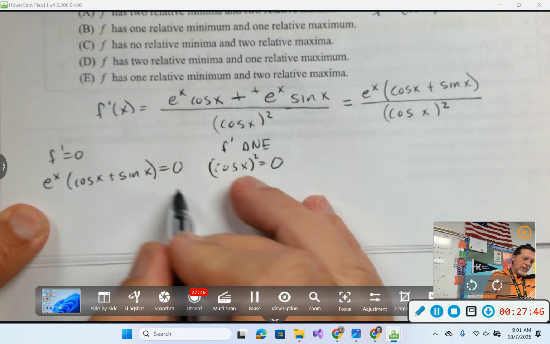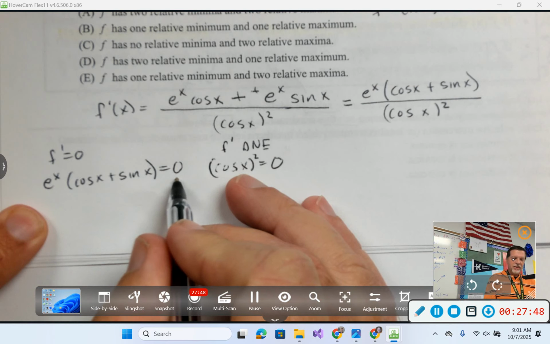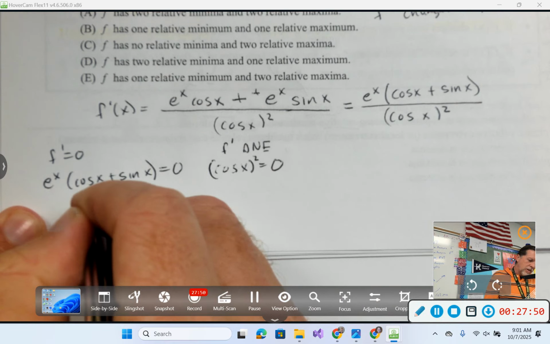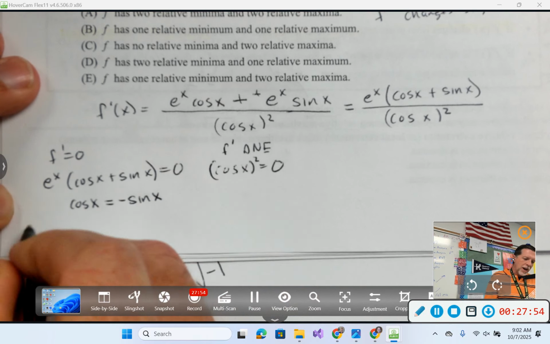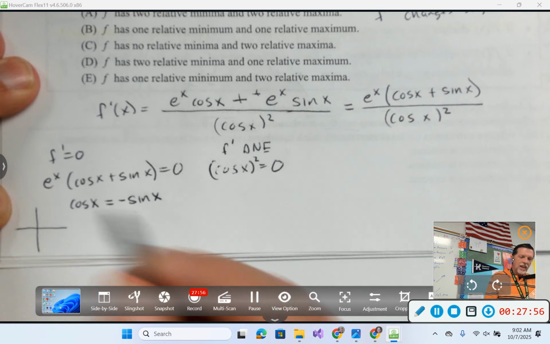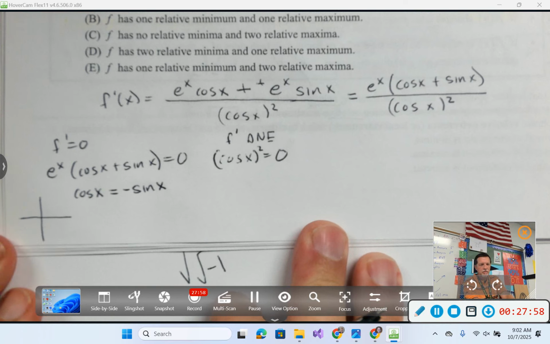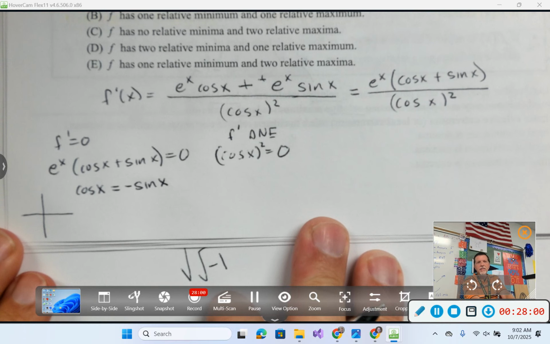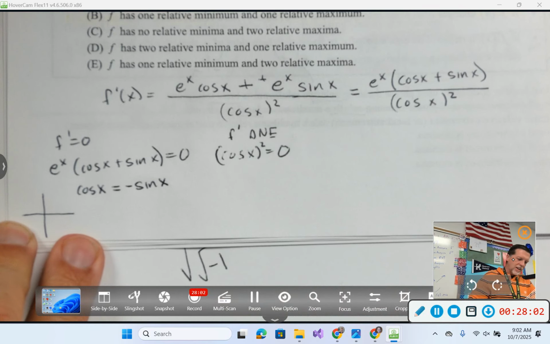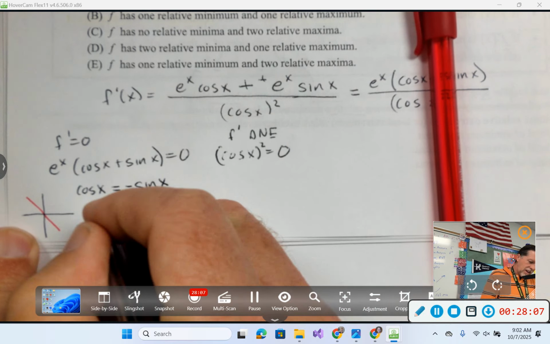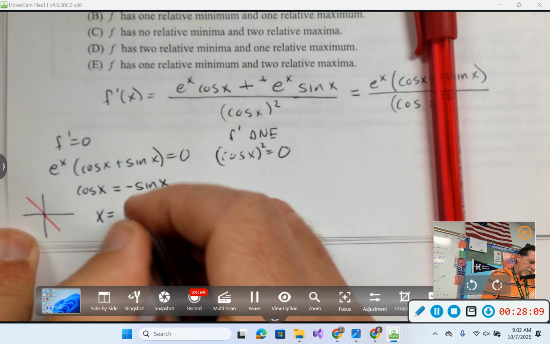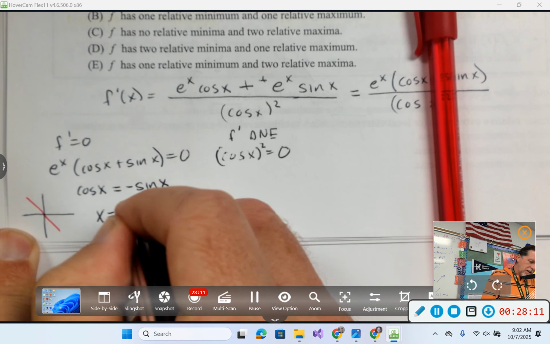When is e to the x going to be 0? Never. So cosine of x equals negative sine of x. We've hit this a couple times already. It's like they want to make sure you know what that answer is. So where does cosine equal negative sine? Yeah, at the pi over 4s in the opposite quadrants there.